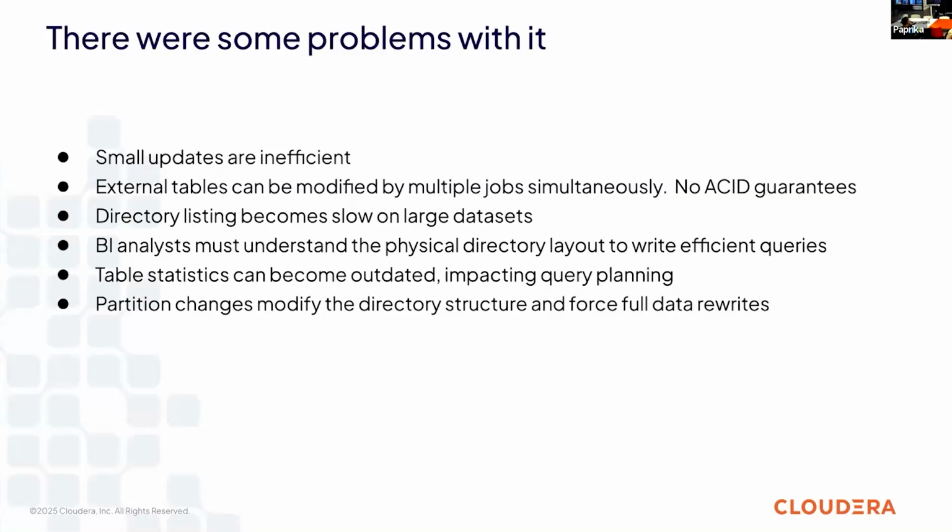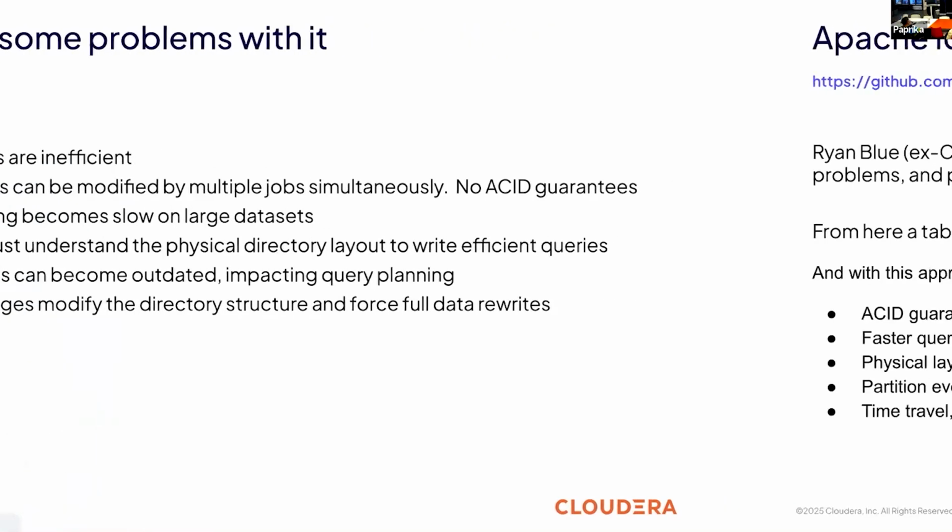Table statistics could also be a problem because there was no single place updating my statistics. The statistics were only updated by a different type of job somewhere else. So there were so many issues.